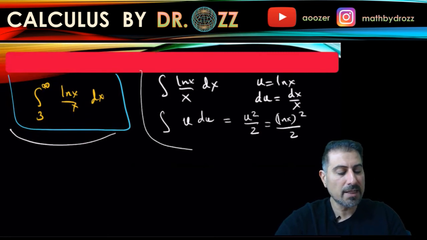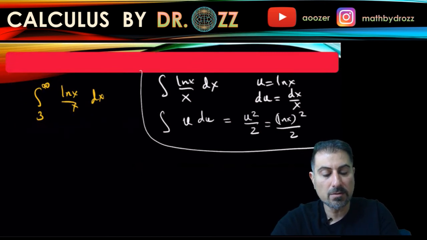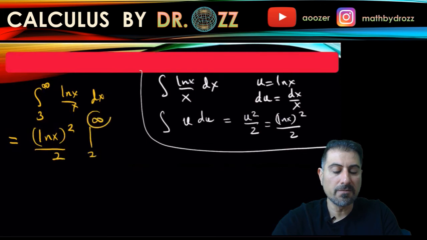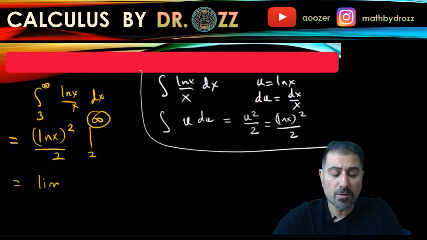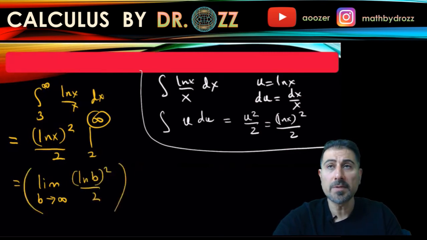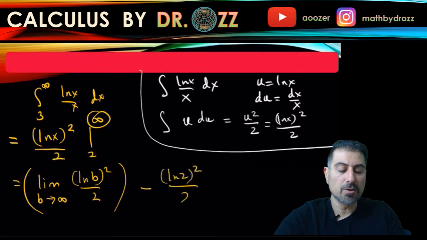All right, so this was a side calculation. I'm now back to this integral. So this integral is equal to (ln x) squared over 2 from 3 to infinity, but the infinity limit is handled in the limit sense. So in other words, I'm going to write it as the limit as b approaches infinity of (ln b) squared over 2, which is me plugging in the upper limit in the limiting sense, minus (ln 3) squared over 2.